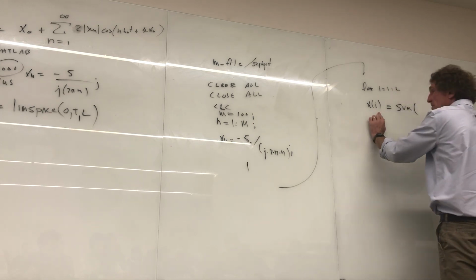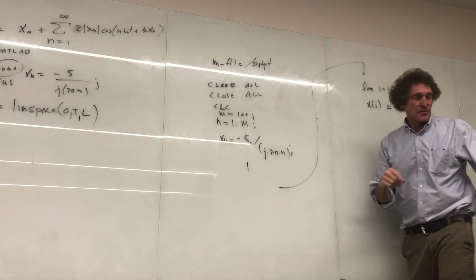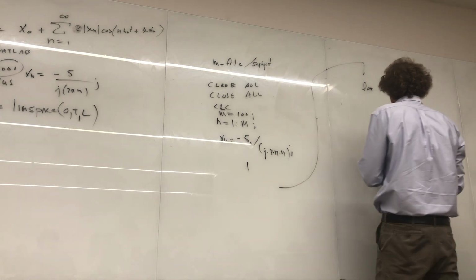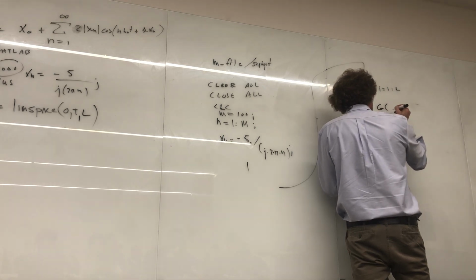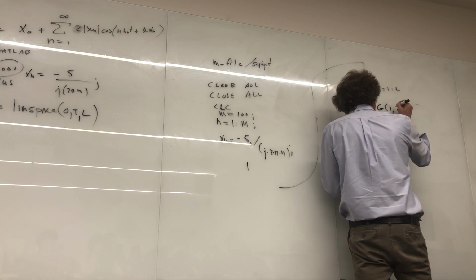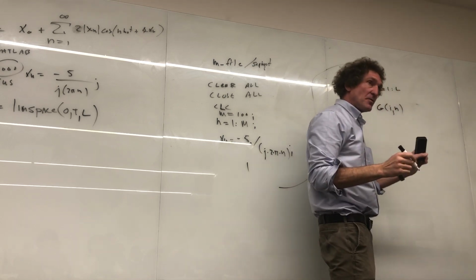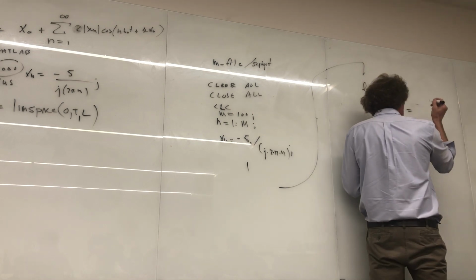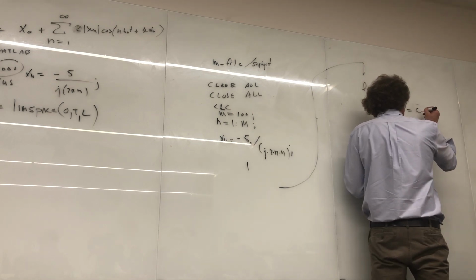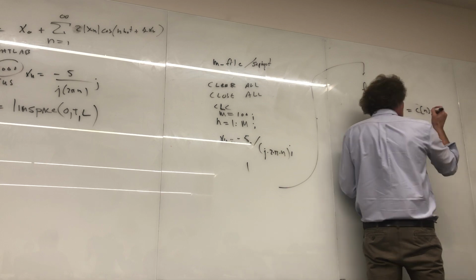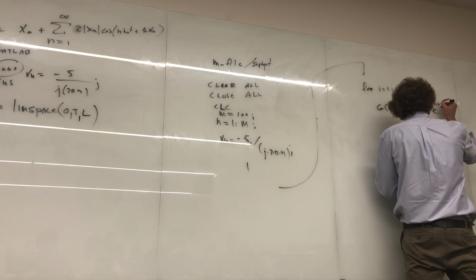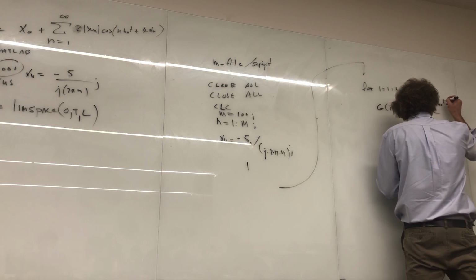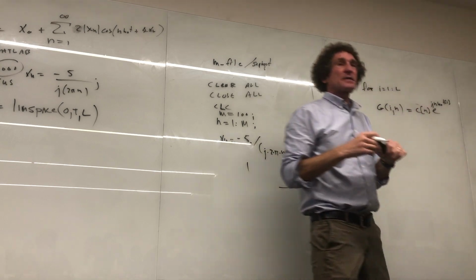All right, it's going to sum what? Well, it's going to sum this term, and actually, let me do this. I'm going to break this out right here. I'm going to say first, I'm going to create something. I'm going to call this, for lack of a better term, G of I and N. Now, what I'm going to do in there is put down, it's going to sum C of N, all right, times e to the j n times omega naught times t of I. Remember, t is indexed on I, right?